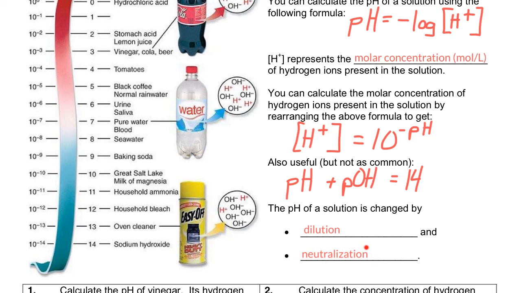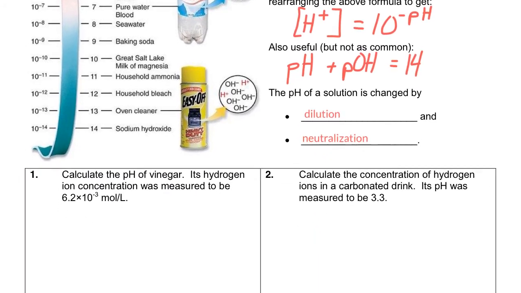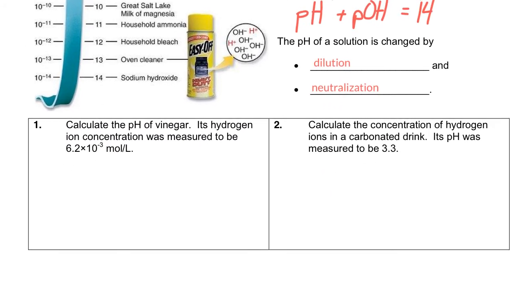Neutralization is just the reaction between an acid and a base, and the end result would be a neutral pH. So if you have an acid and it has a low pH, you can add a base and that will change the pH to be more neutral. And with all that being said, let's try some examples.